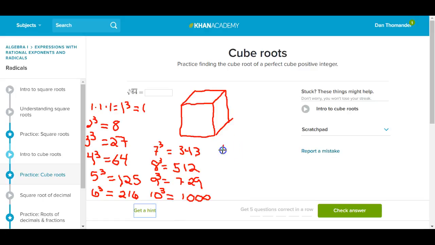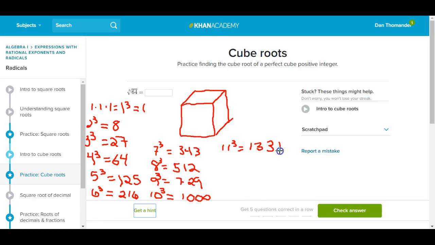How about 11 cubed? I don't know in this exercise if we're going to go as high as 11 or 12, but usually with our times tables we try to learn those. 11 times 11 is 11 squared. That's 121. And then we have to figure out what is 121 times 11, and that is equal to 1,331.